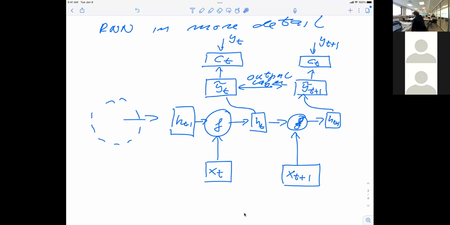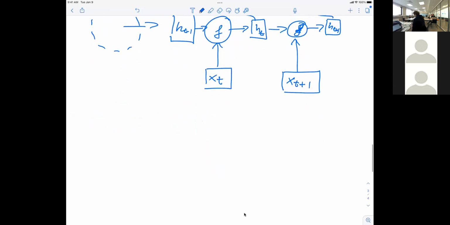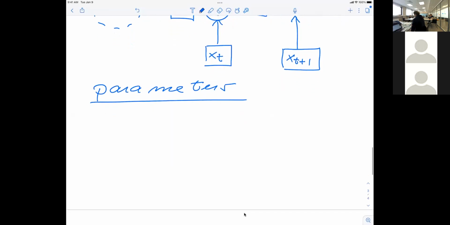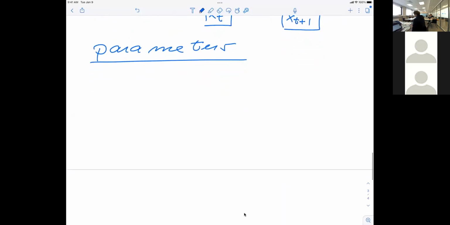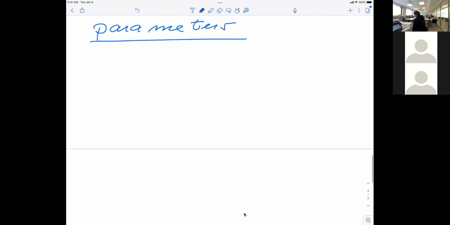So if you want to look a little bit more into this, and look at the parameters which you have, let's try to look at the way we are going to train such a network. So let's look at the parameters and try to label them. So at each step now, from ancient times, you have something like an H here. So that is your hidden layer at the beginning. I'm just leaving this unspecified.